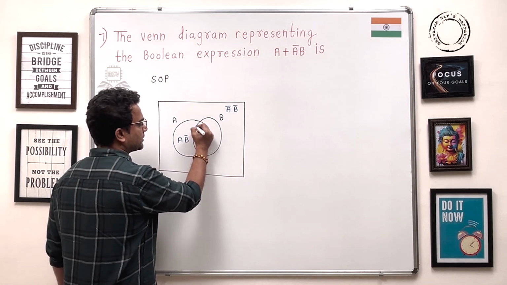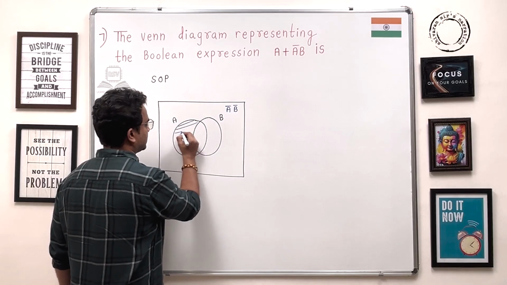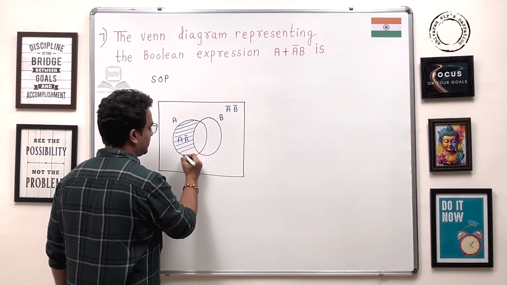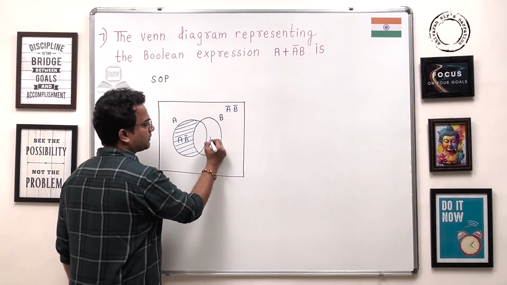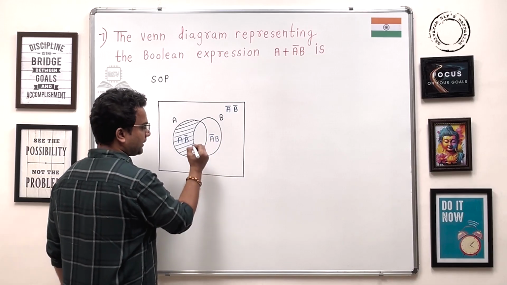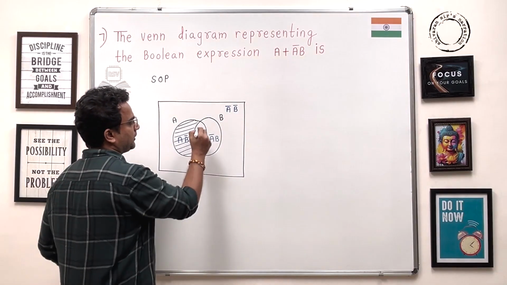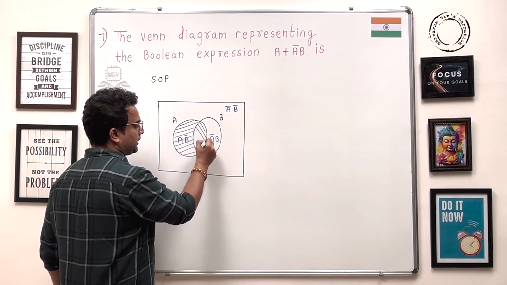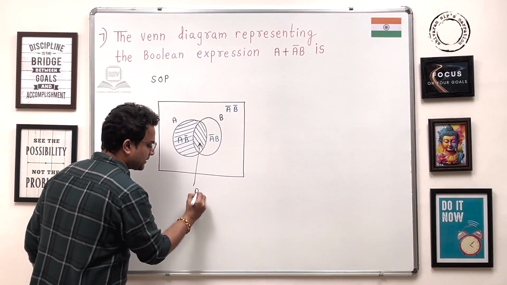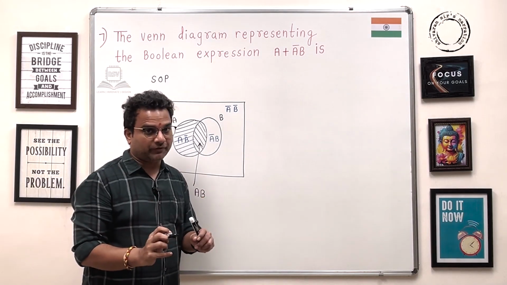Means here guys, this portion, let's select this. This is about A B bar. Similarly, this will be A bar B, and whatever the common portion, this will be AB. Okay guys, this is AB.